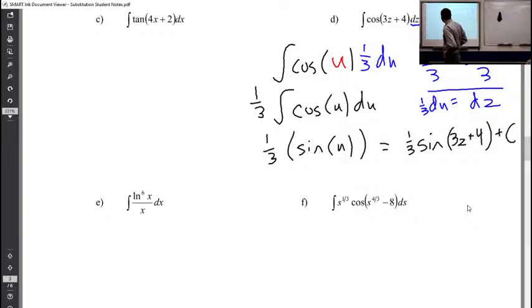Remember the two big clues that you're looking for. The function that you make u should be happening inside of the other function. And then a bonus if its derivative is somewhere else in the function.